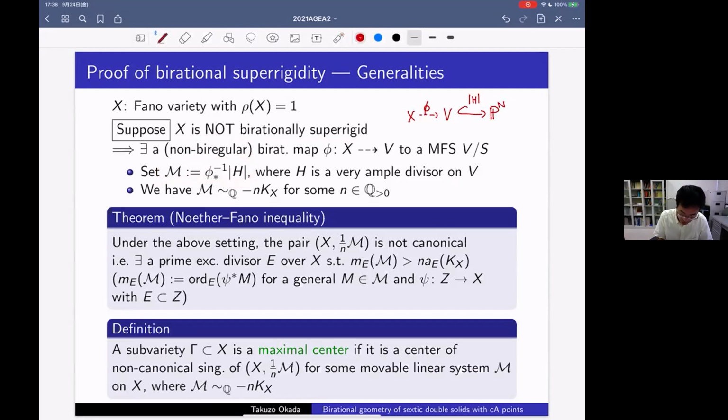So this M defines this birational map. Then, because Picard number is 1, this linear system or any member of this linear system is Q-linearly equivalent to minus nK_X for some positive rational number n.